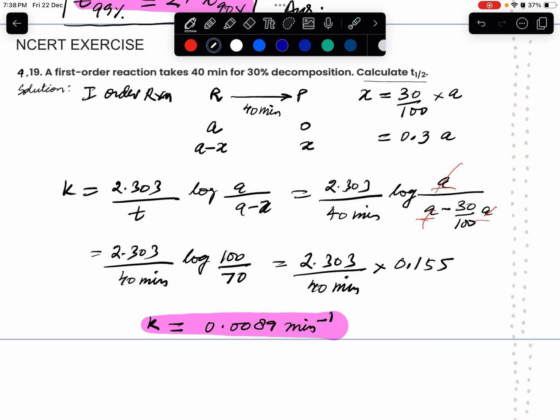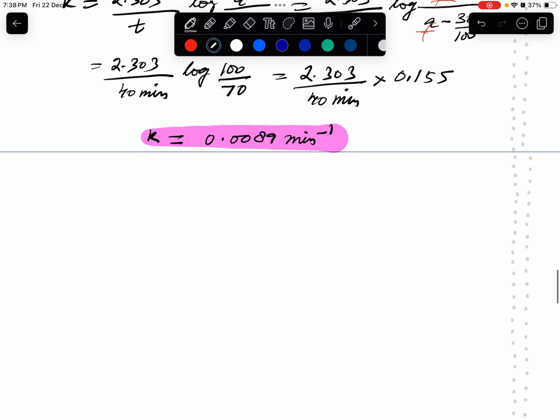This is the value of rate constant, because this value we will be utilizing to get our answer. Now for first order reaction, you know it very well that T half is equal to 0.693 divided by K. This is the reason why we have calculated K, because we will utilize it to calculate T half.